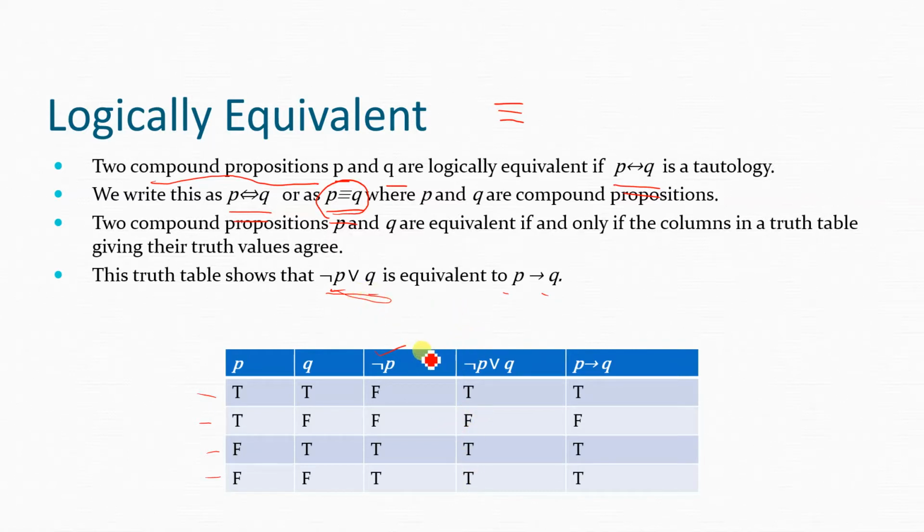And P implies Q is false only when P is true and Q is false, and you can see that this happens in this situation. So this is false in this case, and otherwise this is true. Now from this column and this column, you can see the truth values agree for both compound propositions. So this shows that negation P or Q is equivalent to P implies Q.